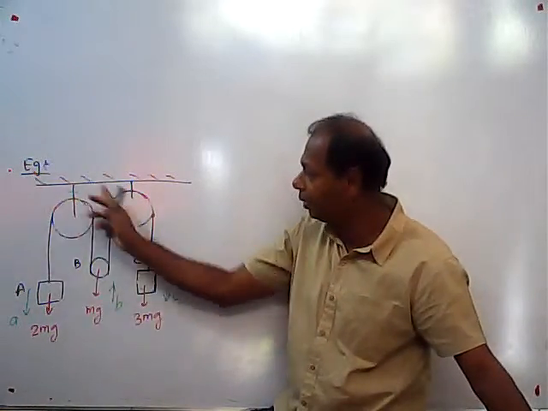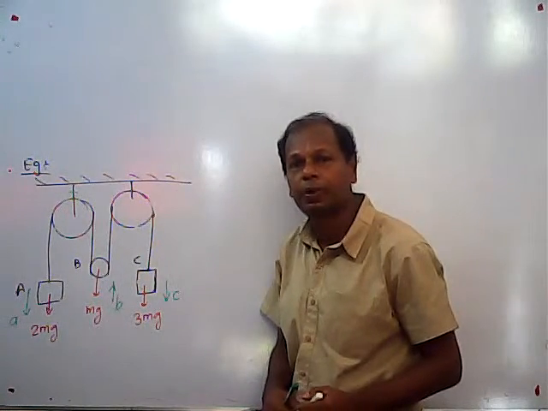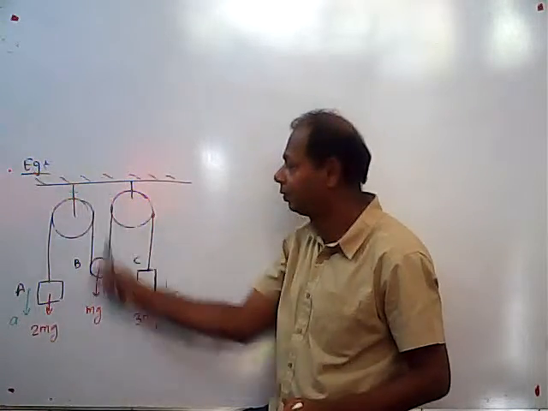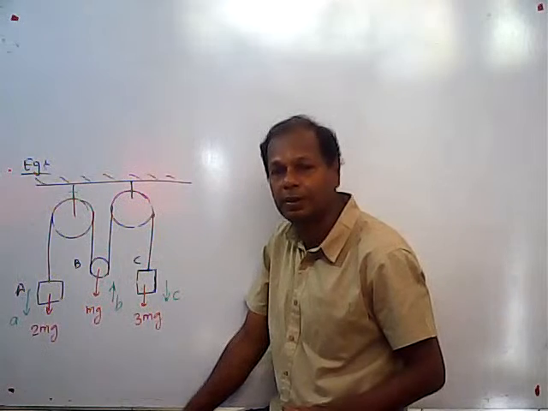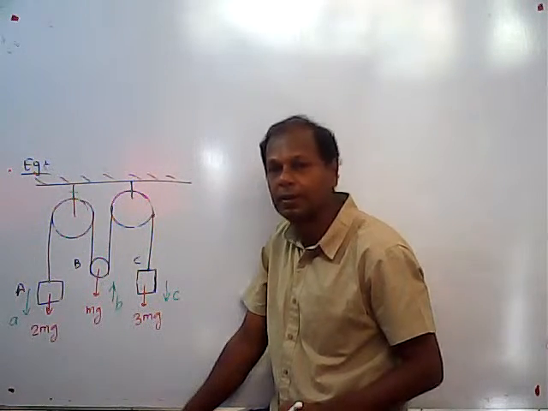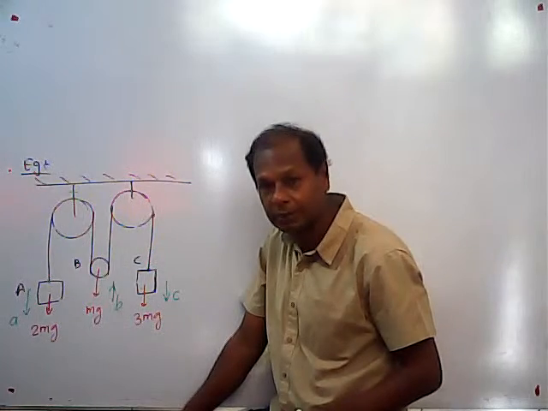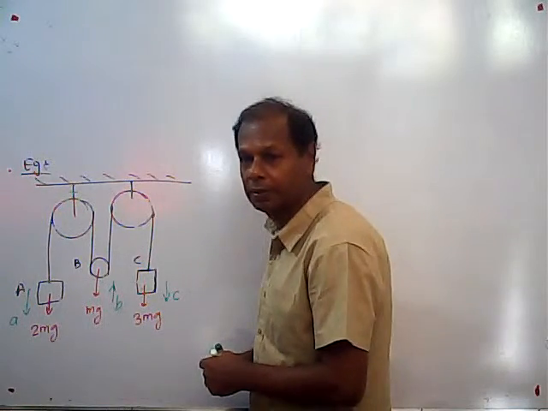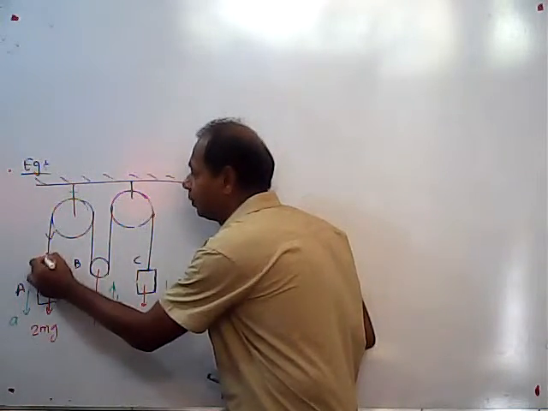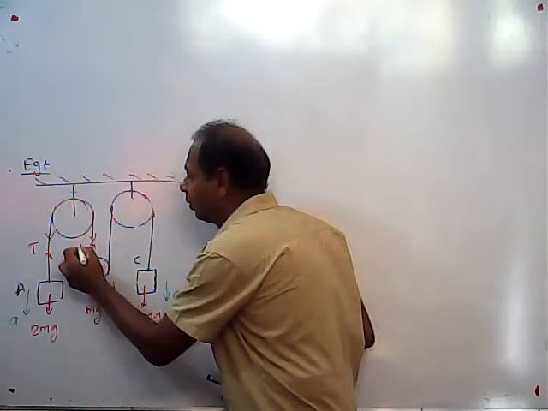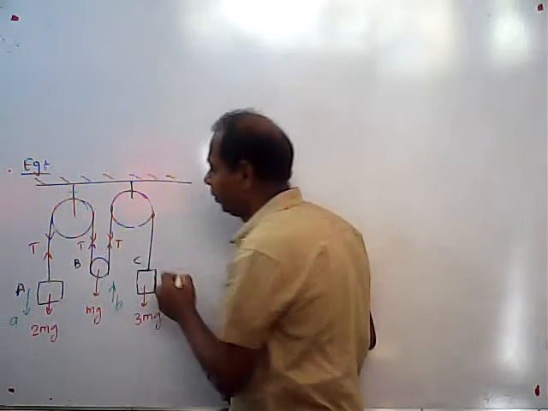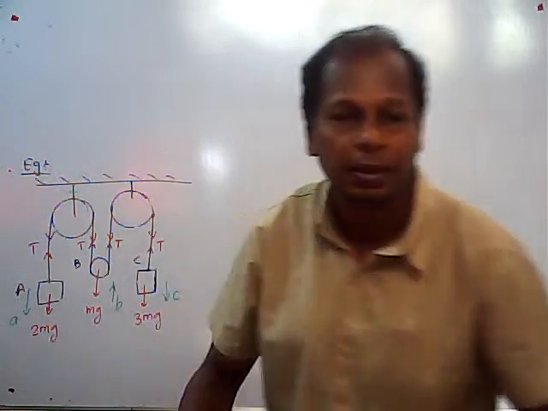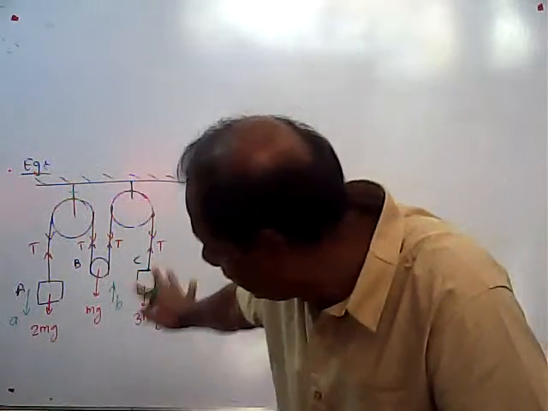It's the same string running everywhere. These are smooth pulleys, right? So it has to be the same tension. Yes, one tension. So mark the same T. Now the question is, look at the diagram.